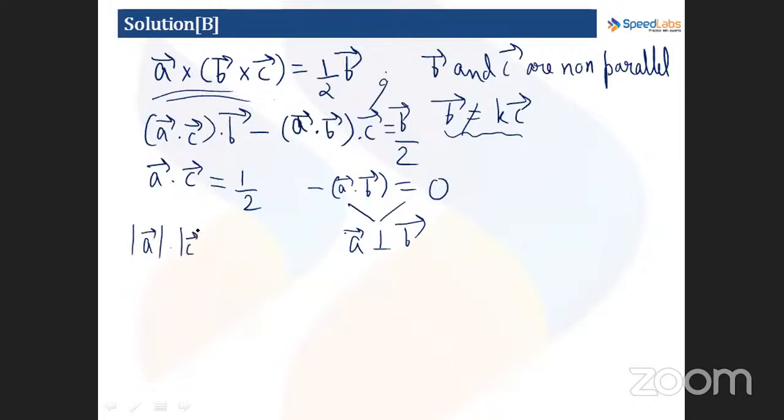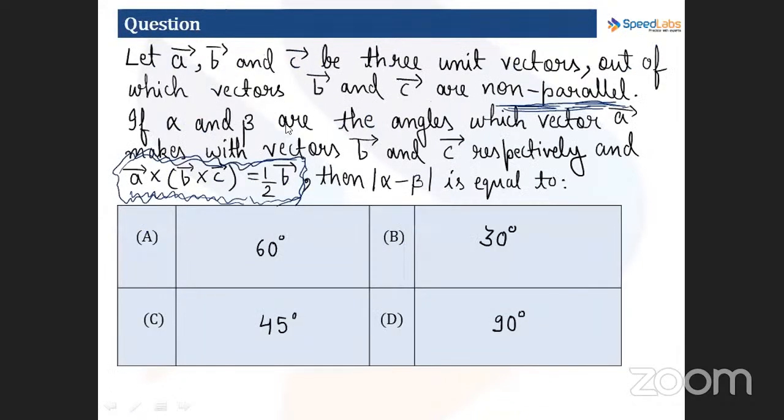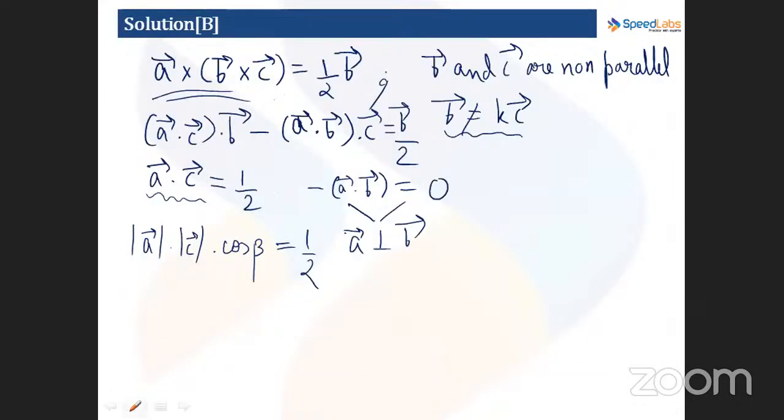Let's solve it. Mod A mod C cos beta, as the angle between A and C was beta. Were they unit vectors? Yes, 3 unit vectors. So mod A mod C is 1 into cos beta equal to 1 by 2. So clearly beta is pi by 3.